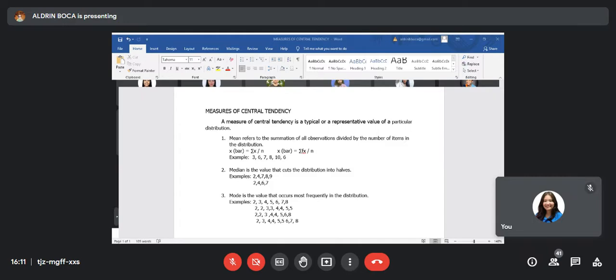Those are the values wherein you were given the frequency of that score. If you were given that particular problem, then you're going to make use of the second computational formula, wherein you first multiply the score by the frequency and then add them up, then divide by the number of frequencies, or cases. You understand?